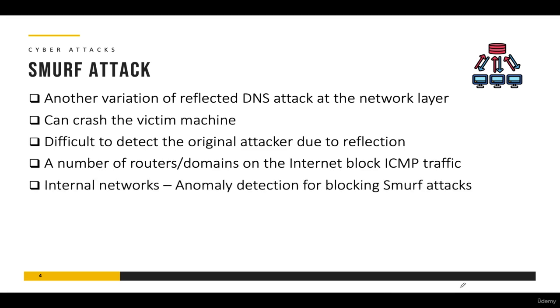For internal networks, you can perhaps use anomaly detection techniques for detecting and blocking Smurf attacks. For instance, if you know the baseline of your network, that for example, in a day you have X number of ICMP request messages, but on a particular day you see a flood of these, then maybe it can trigger a checking mechanism and you can verify whether it's an attack or not.